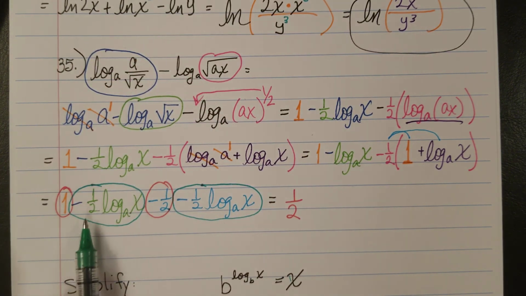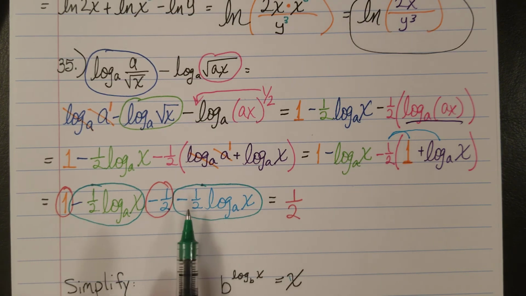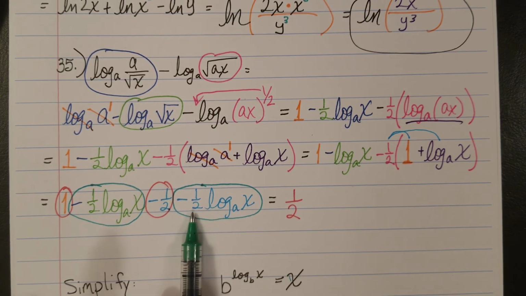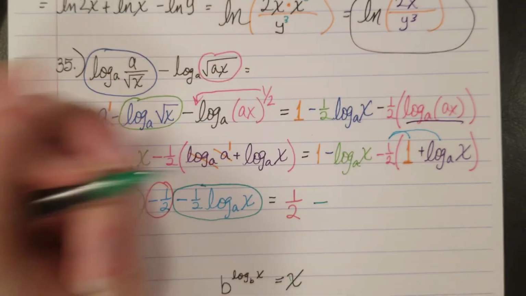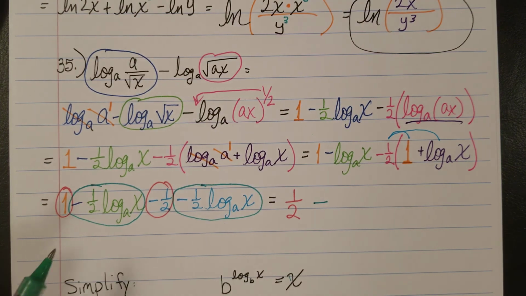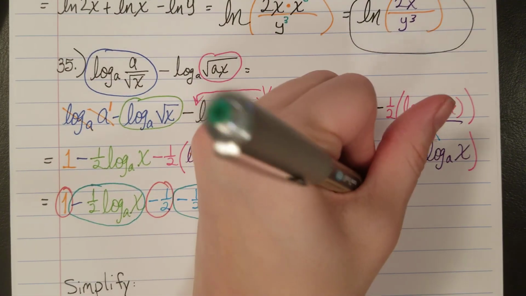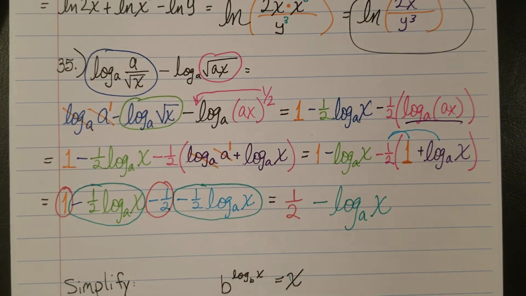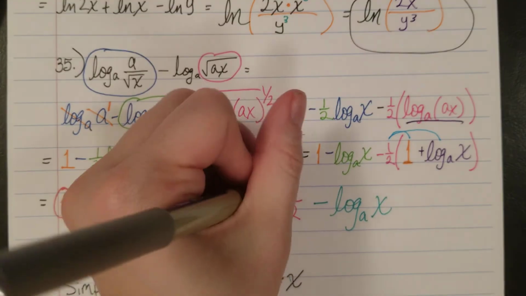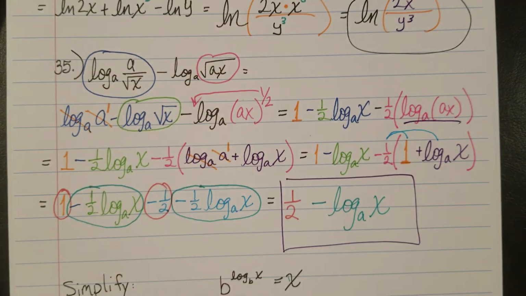So negative 1/2 minus 1/2 is equal to negative 1. But normally I wouldn't want to write a coefficient of 1, so I'm just going to write negative log base a of x. And that is my final answer.